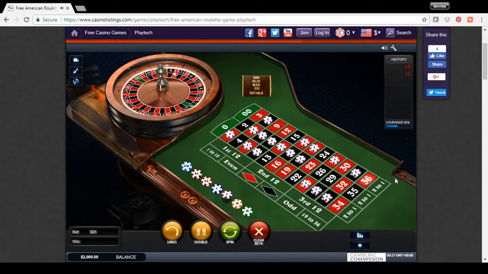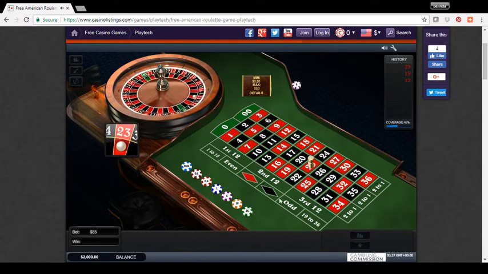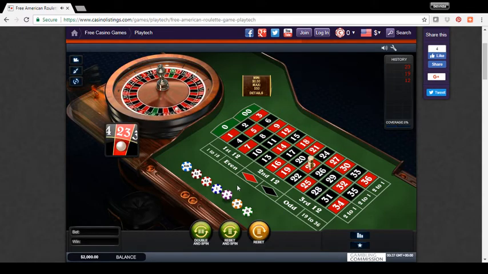So let's spin here. These are the traditional numbers that have followed number 19. See what happens. Right now this is even if I lose this bet. 23. Red, odd. Place your bets, please.